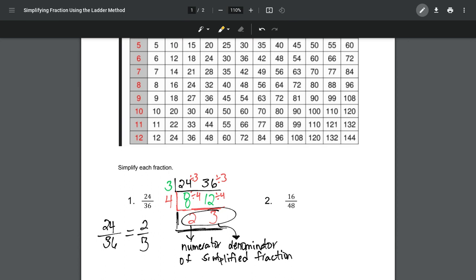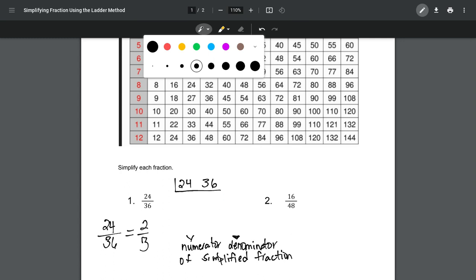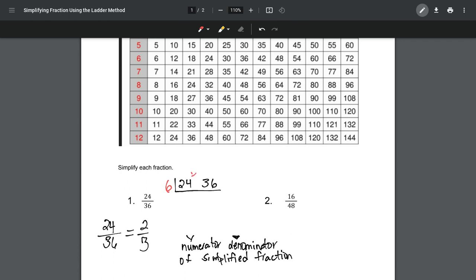Now you didn't have to start off with a 3. I'm going to erase this and maybe start off with something different, because some of you may know something different. But I'm trying to tell you it doesn't matter what number you start off with. For instance, some of you would say 6 will go into both of those. So 24 divided by 6 is 4, and 36 divided by 6 is 6.